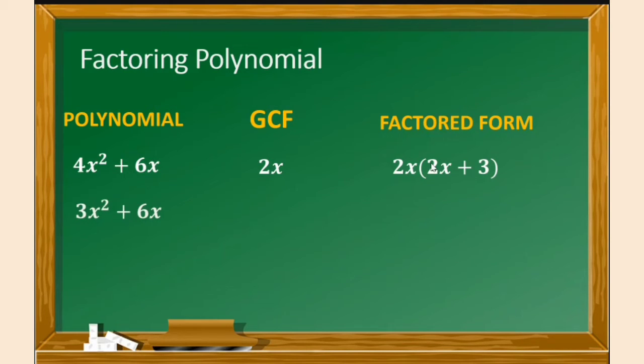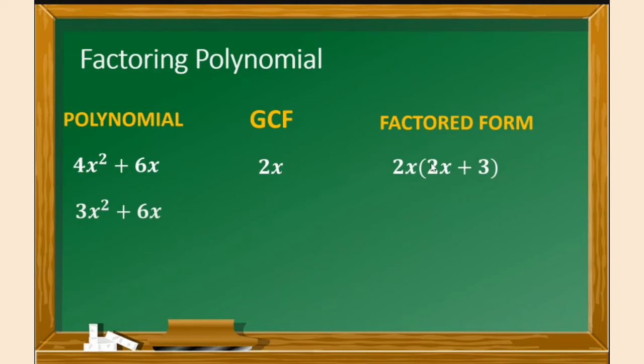Okay, next. Another example is 3x squared plus 6x. Now, what is the factor of 3? 3 and 1. Okay, how about 6? 2 and 3. What is their common? 3.